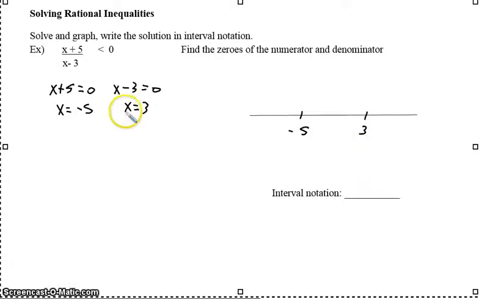Now the thing that we have to be aware of when we have these rational inequalities is that if you were to put a 3 in here, that's going to make this undefined. So right away we know that our problem cannot be equal to 3. But since our inequality sign is a less than anyways, we know that it's not going to be equal to either one of these. But if I had changed the problem to make it be less than or equal to, I wouldn't be able to put brackets at both of these because I know that at 3 my problem becomes undefined.